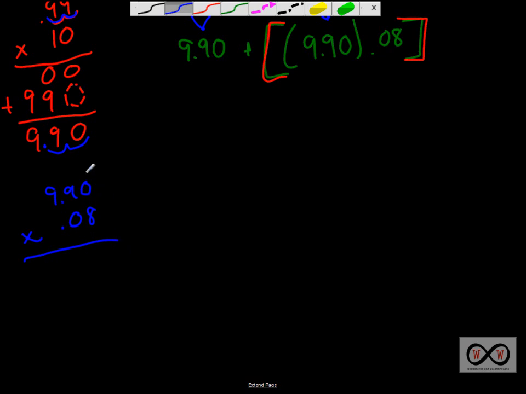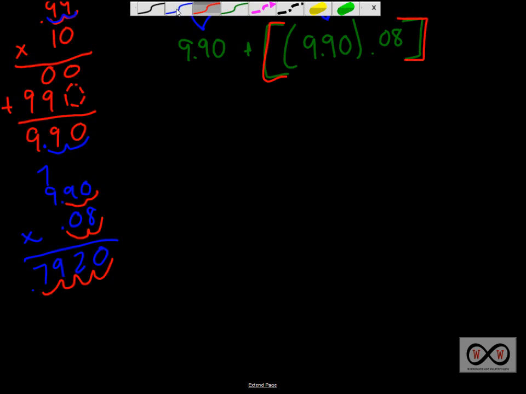We'll multiply, so 8 times 0 would be 0, and 8 times 9 would be 72. Carry that 7 up there. 8 times 9 is 72. 72 plus 7 would be 79. You're thinking that's good for you. And we've noticed we have 1, 2, 3, 4, and we have 1, 2, 3, 4, and our decimal point is right there.